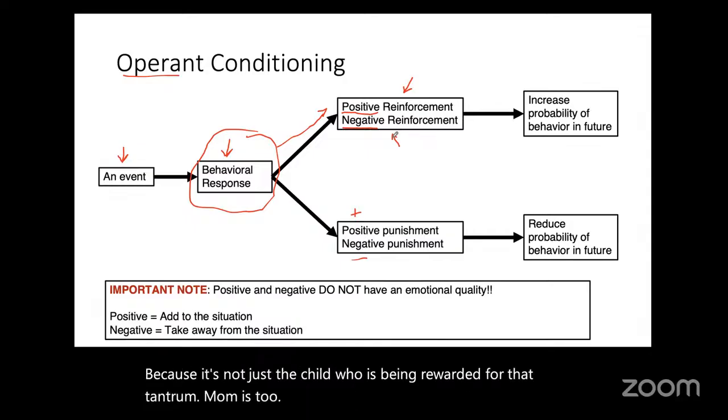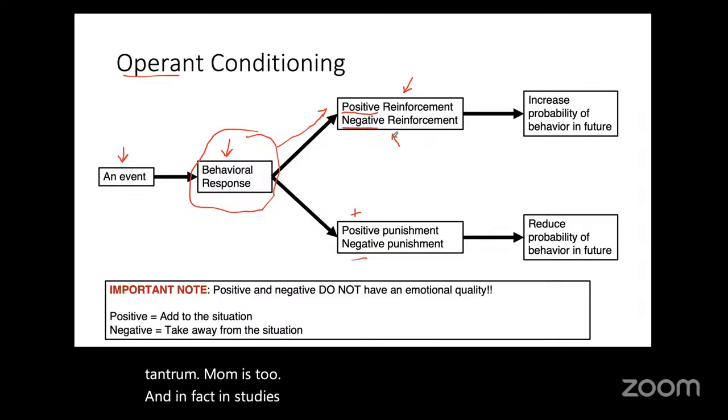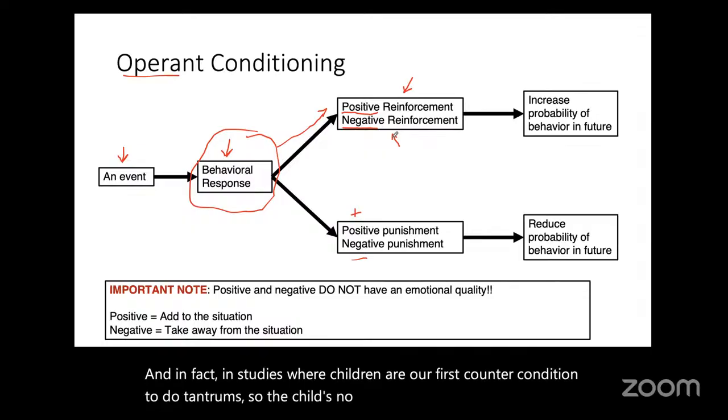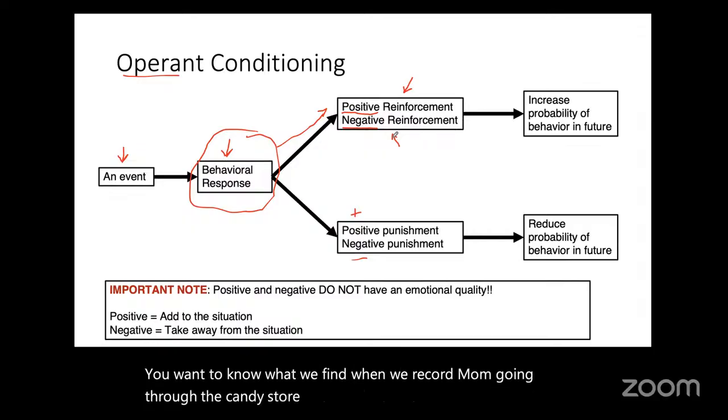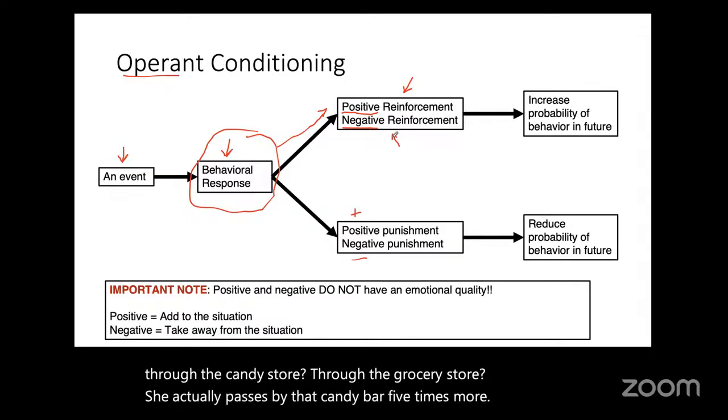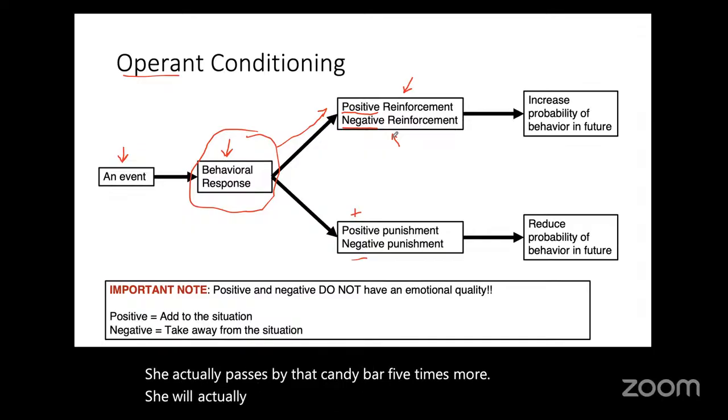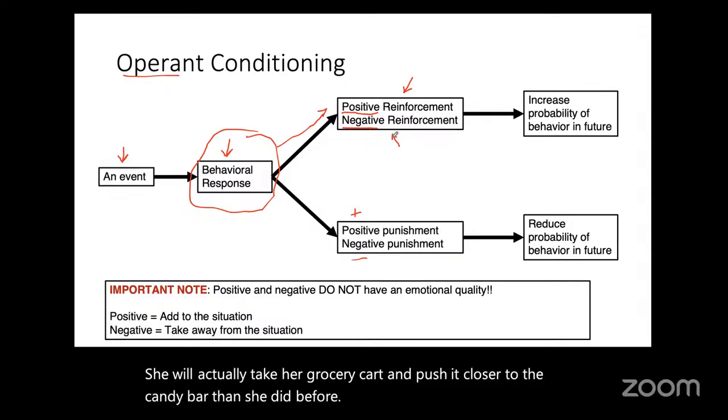In fact, in studies where children are first counter conditioned so the child's no longer doing tantrum behaviors, you want to know what we find when we record mom going through the grocery store? She actually passes by that candy bar 5 times more. She will actually take her grocery cart and push it closer to the candy bar than she did before. What is she trying to do unconsciously?